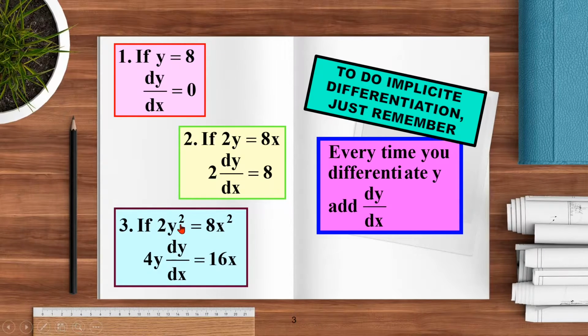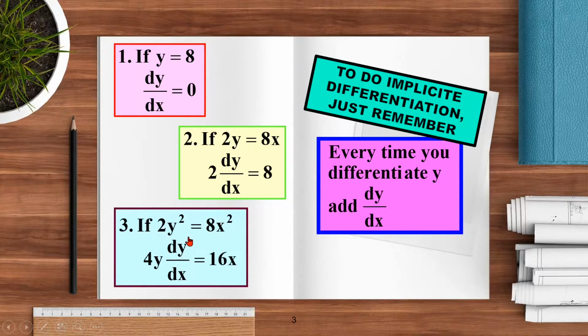Same goes for this side. When I have 2y squared, take the 2, multiply by the 2, so I get 4. Index minus 1, so 2 minus 1, I get y to the power of 1. Then because I'm differentiating implicitly, I'm differentiating a y, I will get dy/dx at the side.